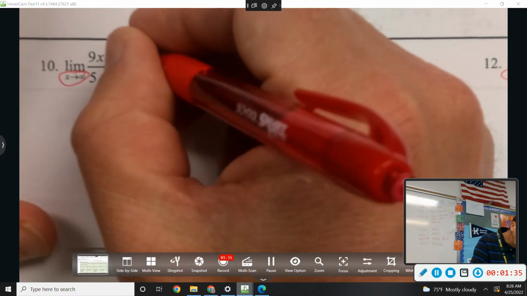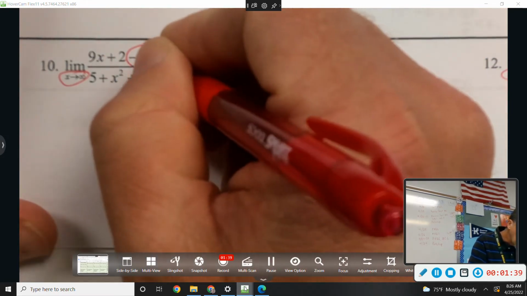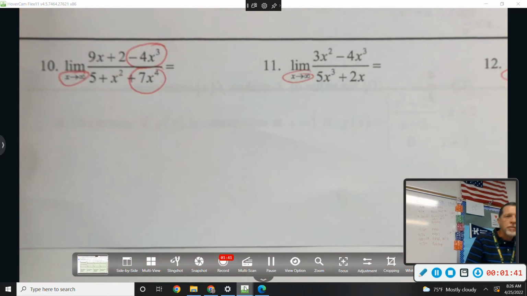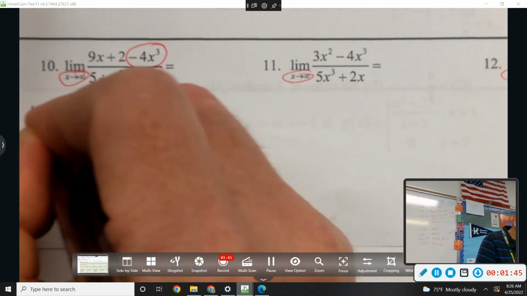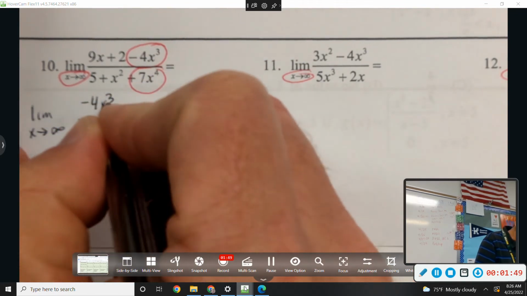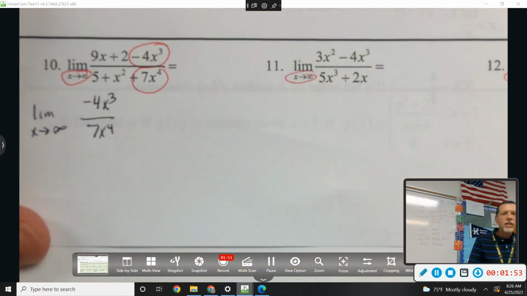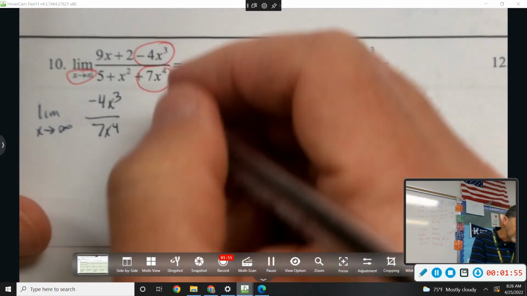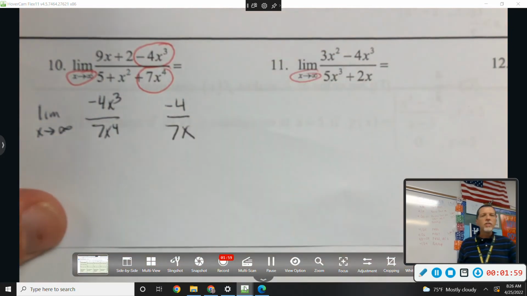So that would be negative 4x cubed in the top, and 7x to the fourth in the bottom. So as x goes to infinity, what matters most is negative 4x cubed over 7x to the fourth. But then the x's can reduce. So that's negative 4 over 7x.